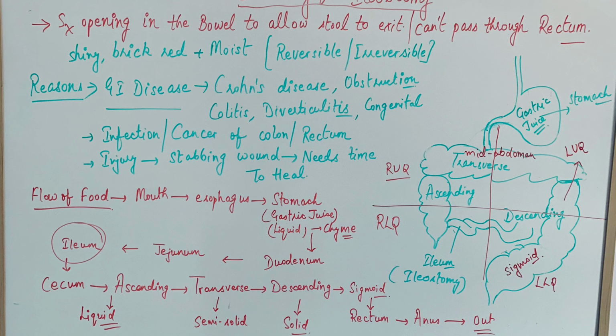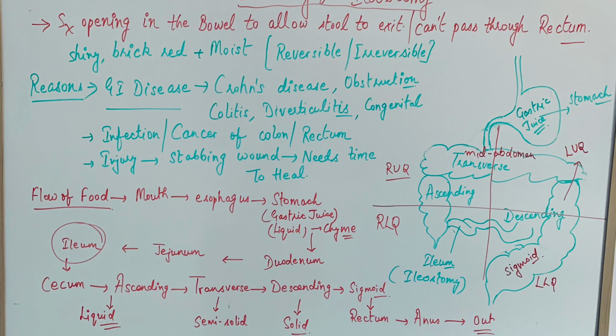Other causes can be injury to the bowel, like a stabbing wound to the colon. If there is a stabbing wound, then obviously the colon needs some time to heal, so for that time period we have to do colostomy or ileostomy. These are the basic reasons why we do these ostomies.